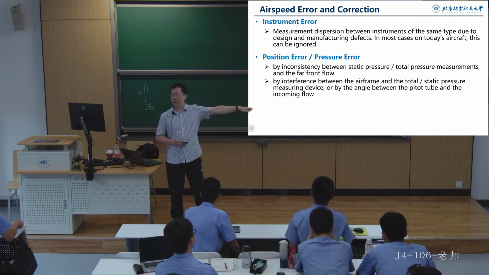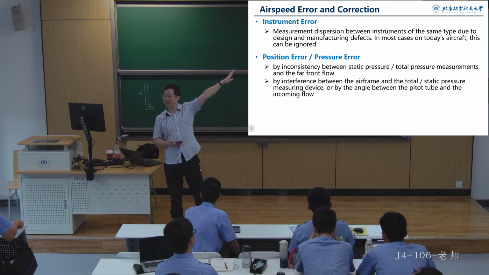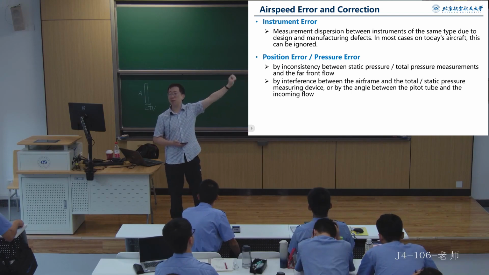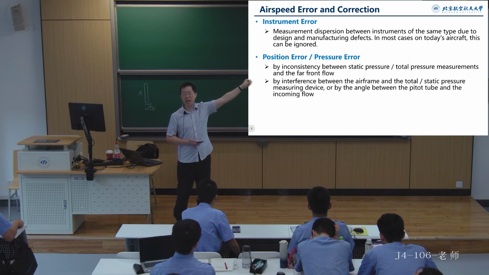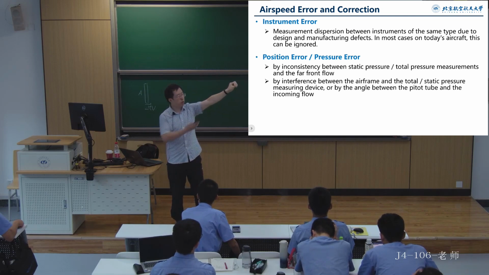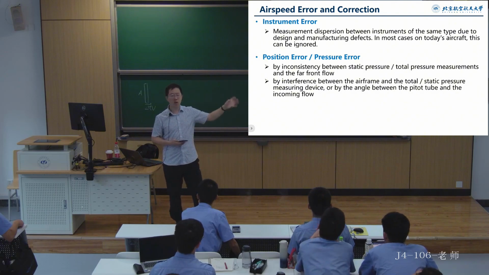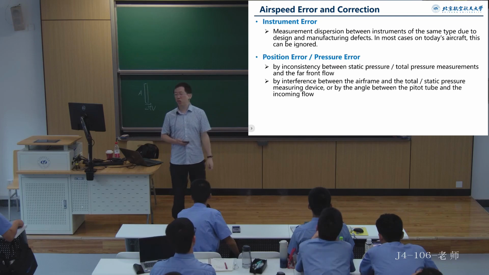When your aircraft tilts up, the frontmost opening might not be perfectly aligned. The pressure it receives could differ from the total pressure, and similarly, the static pressure obtained on the side might also differ more or less from the free stream static pressure.